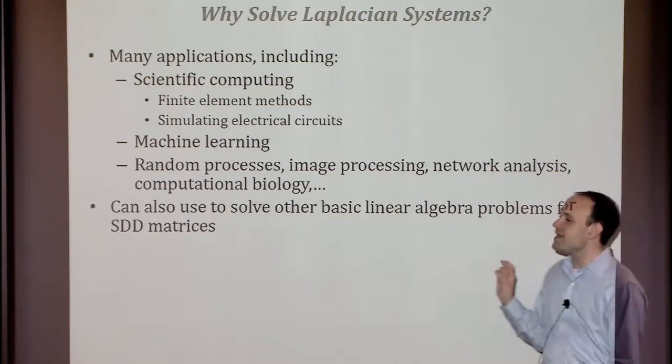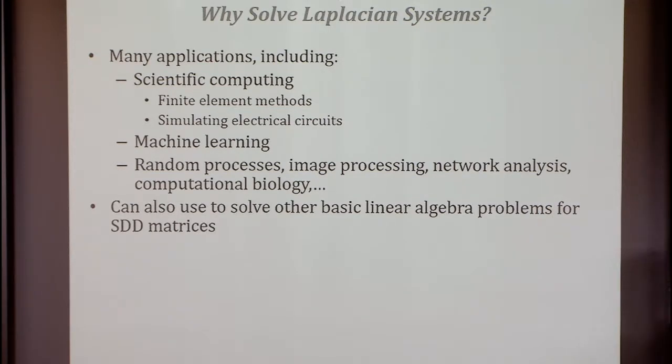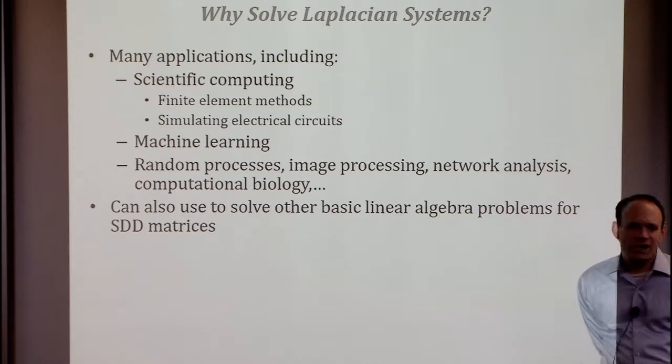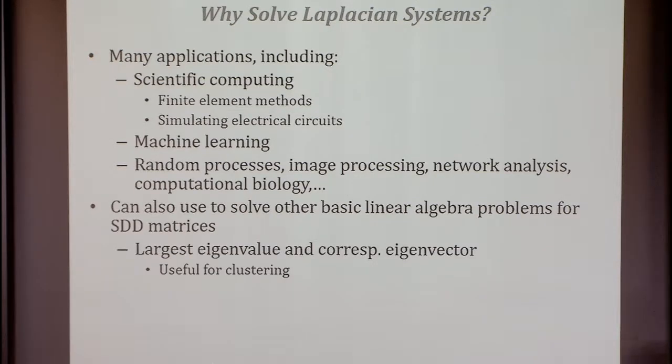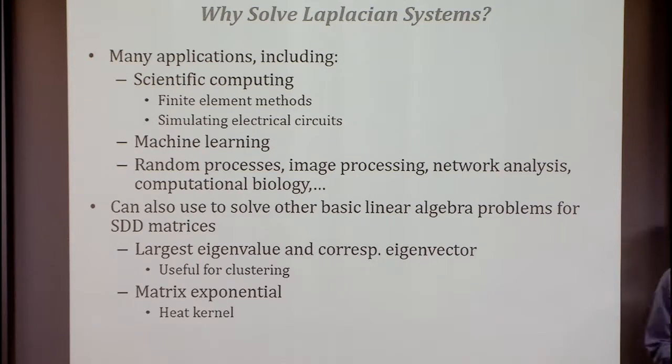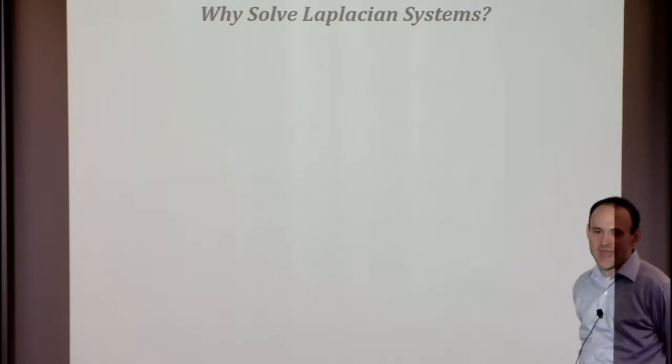Another thing that's been starting to emerge recently is that for some of the algorithmic problems on the graph side, we don't necessarily want to solve linear systems, but want to solve other basic linear algebra problems, so eigenvalues and eigenvectors, or clustering problems, or matrix exponentials and heat kernels. And it turns out that you can use the ability to solve Laplacian systems to solve these problems quite well as well. OK, so that's one motivation.